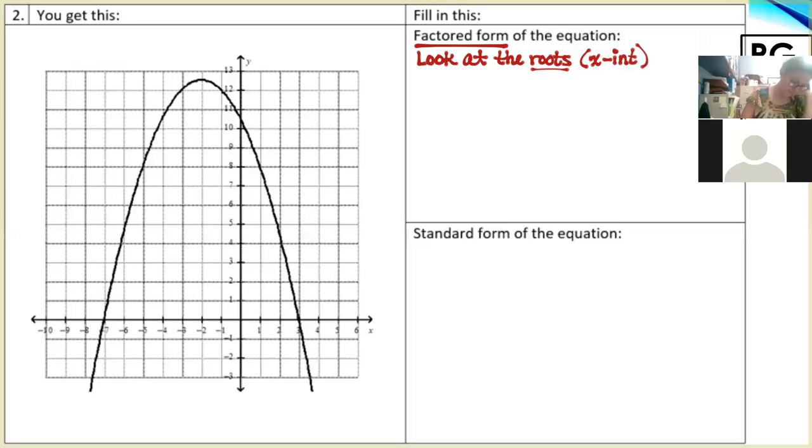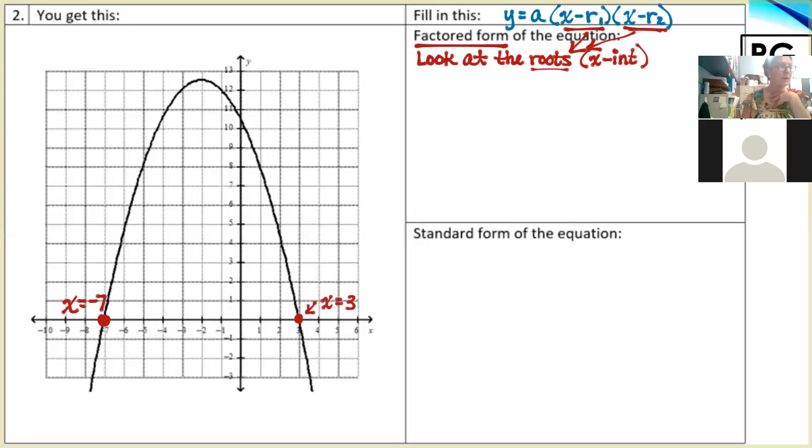Factored form: y equals a times x minus r1 times x minus r2. I'm going to be able to get this part and this part from the roots. So where are my x-intercepts here? Awesome. -7. So x equals -7 and +3 over here.